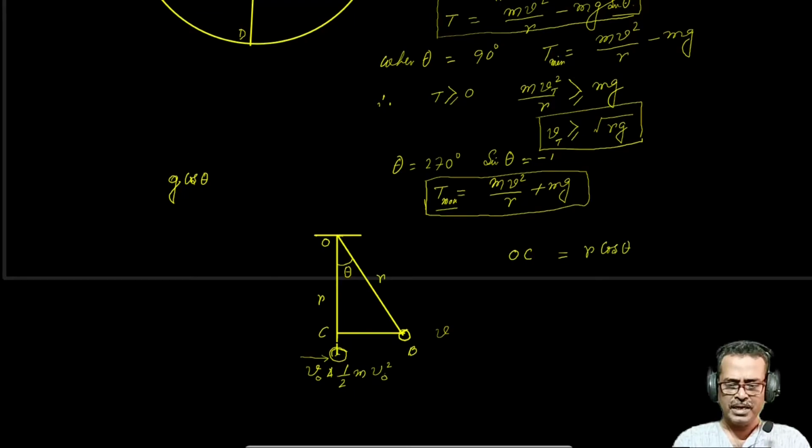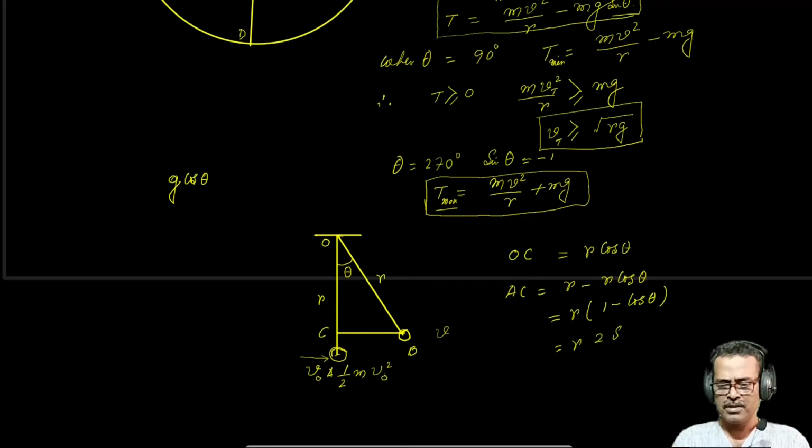So the height AC is equal to r minus r cos theta, that is r into 1 minus cos theta, that can be written as r into 2 sin square theta by 2. 1 minus cos theta is equal to 2 sin square theta by 2.